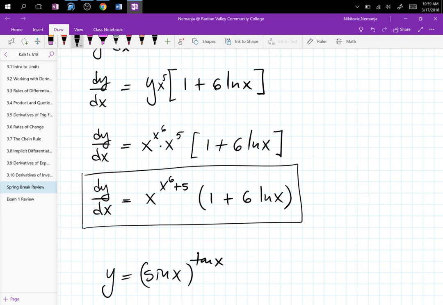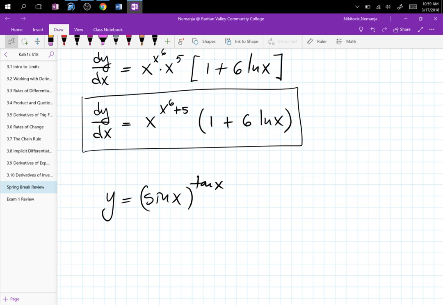Nested ln's are okay. You can nest as many ln's as you want, because every time you take the derivative of ln, it's 1 over the ln, and then you'll just have another chain rule. You can stack these things as much as you want. There is a triple product rule, where you have, let's say, e to the x times something, so you can develop a formula for any amount of chains.